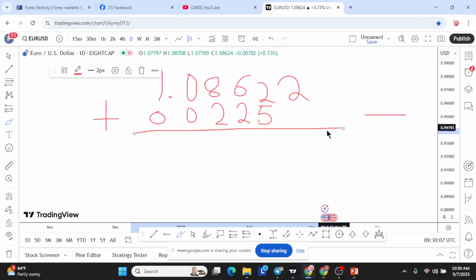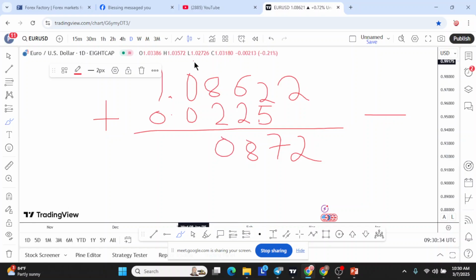So let's calculate if the value goes up and also if it goes down. If it goes up, we are adding. If it goes down, we are subtracting. So now 2, we still put the 2 right here. First for addition: 2 plus 5, we have 7. 6 plus 2, we have 8. 8 plus 2, we have 10, so we put 0 here and carry that 1 to this point.